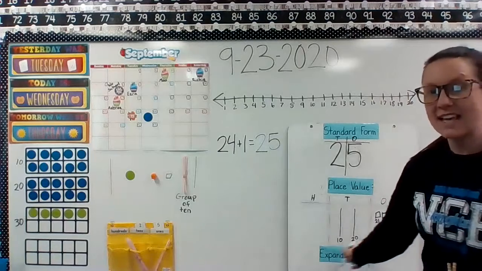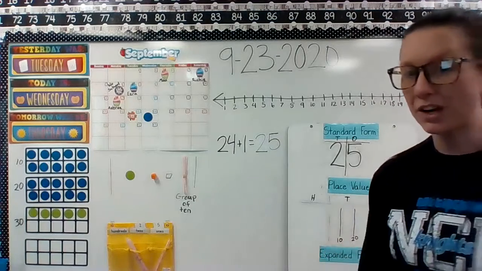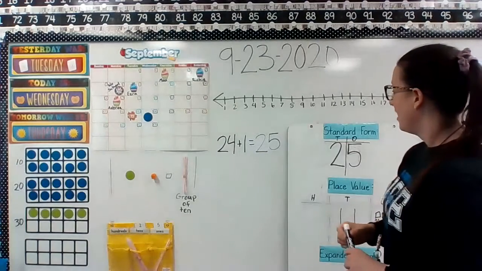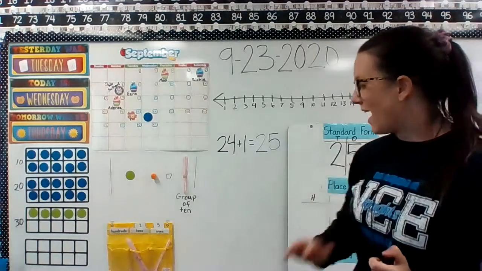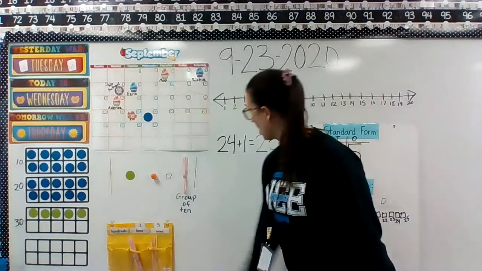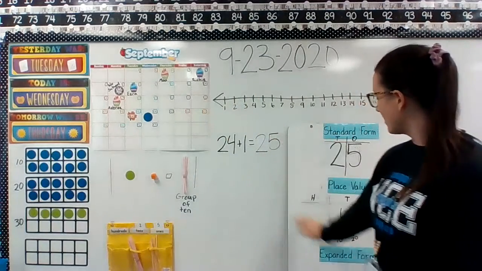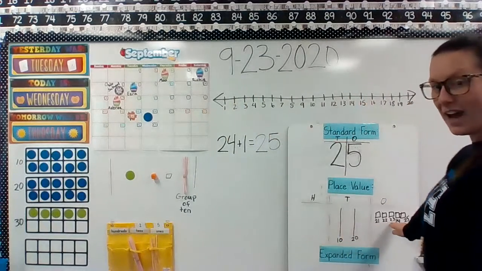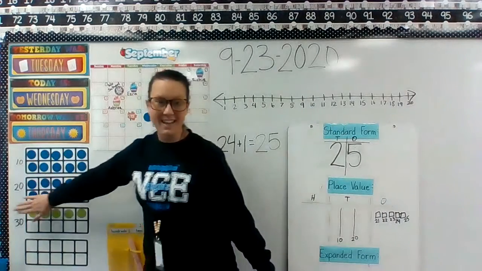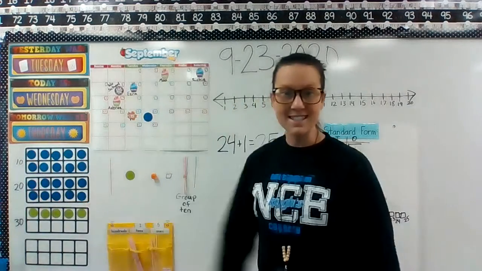That, mathematicians, is how we can prove our work. Okay, our number is 25. We know that 25 has 2 groups of 10s and 5 1s. It also has 2 groups of 10 and 5 1s here. And it has 2 groups of 10 and 5 1s.